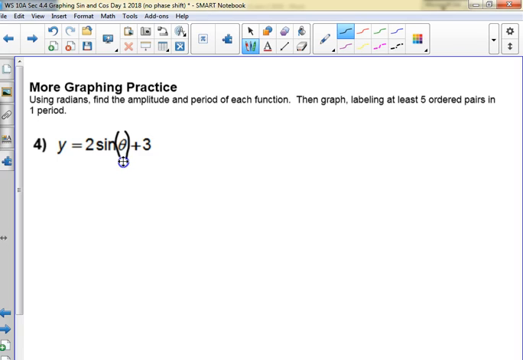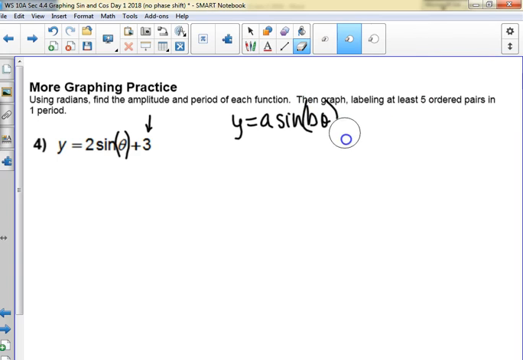Yes, you put it around the theta, not the 3, if you were typing it in your calculator, okay? Now, that means that this is, here, let me write y equals a sine b. If we had a c, it would be in here. Let me rewrite that.